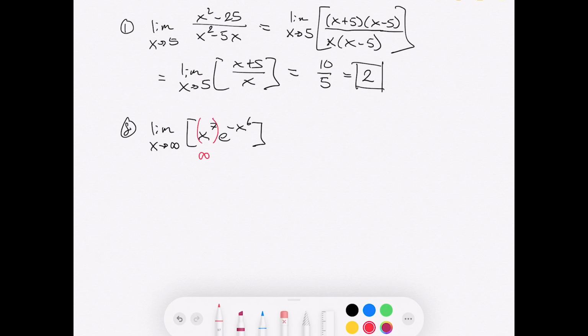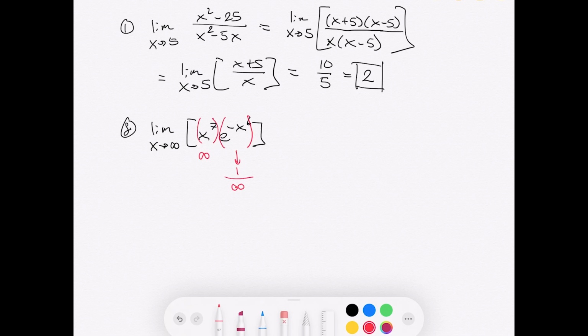And here, this is infinity to the 6th power, but it's being negated, which is like a reciprocal. So this entire expression becomes 1 over e to the infinity. And remember that e is a number, approximately 2.8. 2.8 to the power of infinity is infinity. So I'm going to erase the e to the infinity, and I'm going to put infinity.